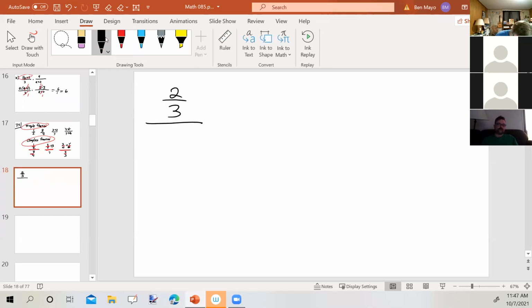2/3 divided by 3/4. This is a complex fraction. I could rewrite that as 2/3 divided by 3/4, right? Now, dividing by a fraction is like multiplying by its reciprocal.